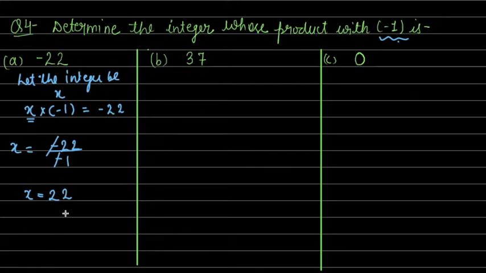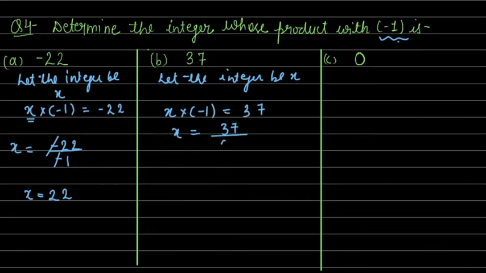So if you multiply 22 with -1, of course you will get a -22, right? Similarly, let the integer be x. So you have to multiply x with -1 and you get 37. X will be 37 upon -1.